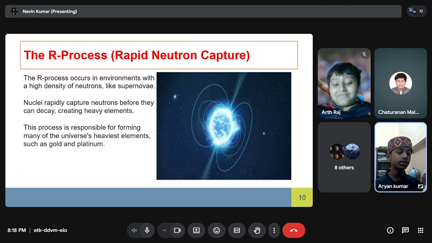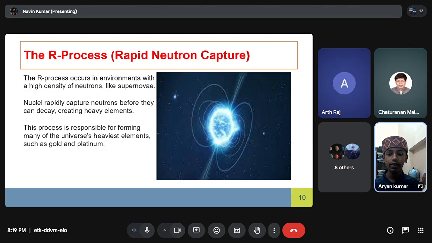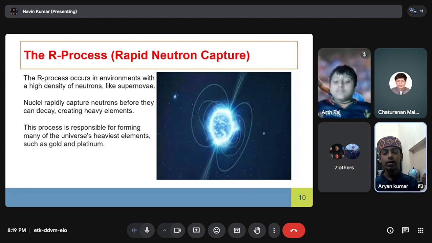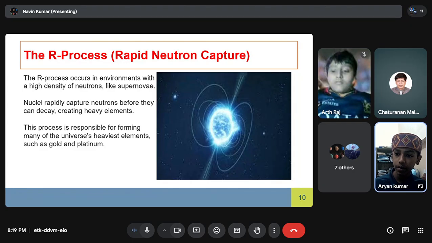This happens in intense events like a supernova or kilonova, and it is said that in a kilonova about 10 earths' worth of gold and other heavy elements are formed. These are very rare events, but they are pretty effective.